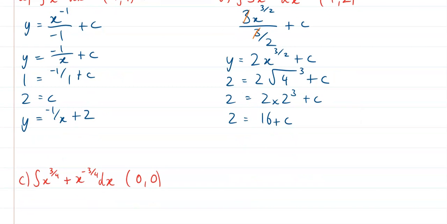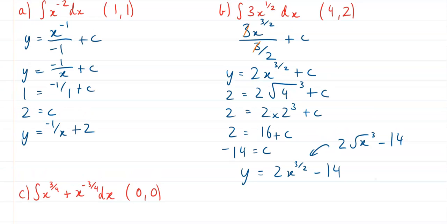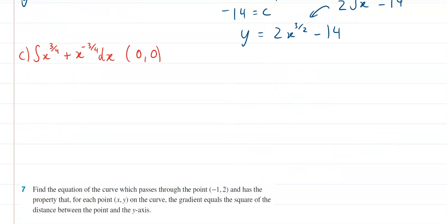So we get negative 14 equals c, making our equation 2x to the power 3 over 2 minus 14. We could also write this as 2 square root of x to the power 3 minus 14, I guess. So whatever you feel like there, but with negative powers, we generally like to turn them back into positive powers where possible. Question C was exactly as we had before.